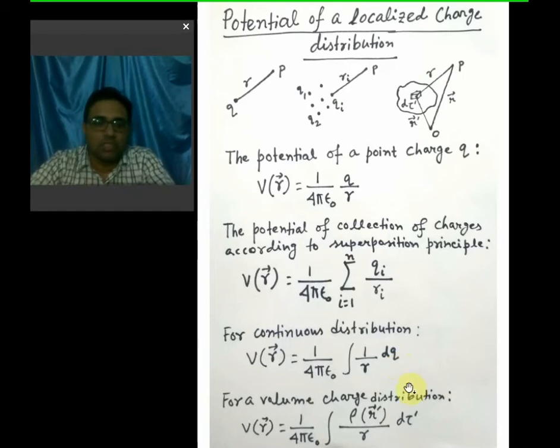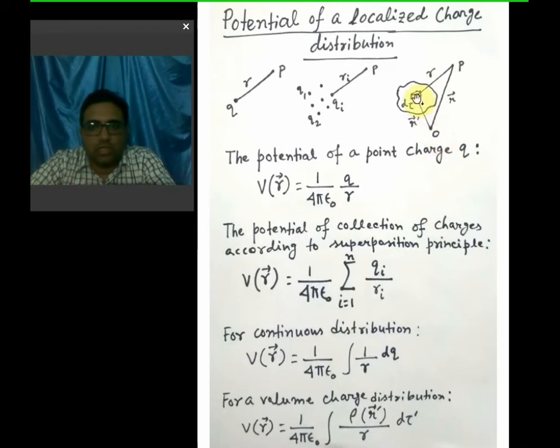So for a volume charge distribution, this dq we can write like this: rho of r prime, then d tau prime. Now you see this picture here, this tau prime is the elemental volume inside this charge distribution. O is the origin.